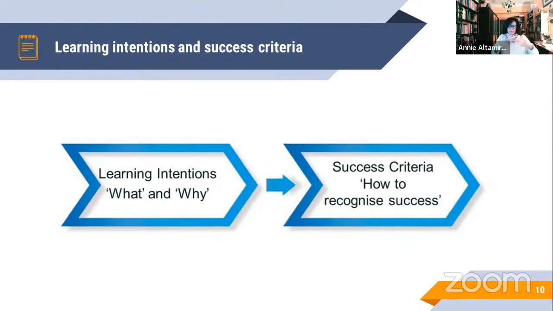Yes, they spell out what the pupils will learn and why. And the success criteria show the students how to recognize success. It will let them know if they have achieved the learning intentions. And of course, they are based on the learning intentions.